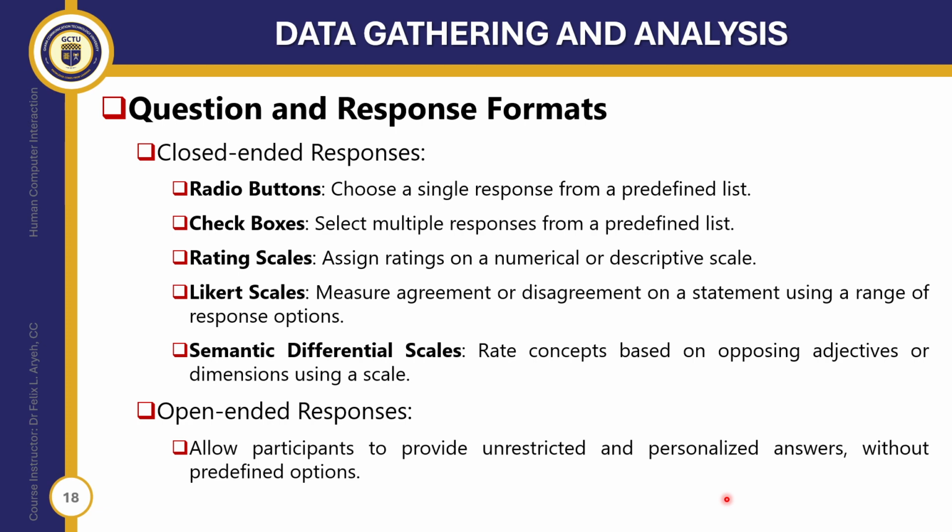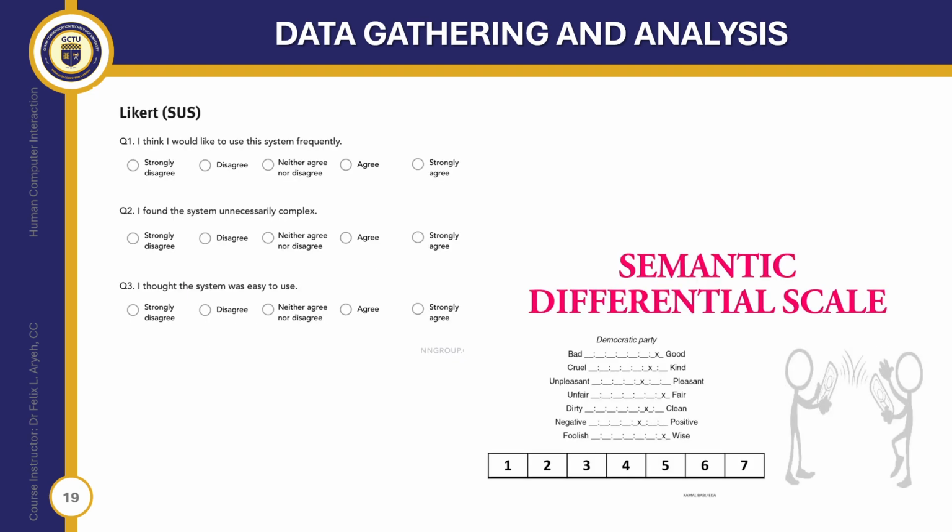Most of the time, this is ideal for gathering detailed qualitative information. I gave a little explanation of that in the previous slides. These are how the Likert scale and also the semantic differential scale look like. I've spoken about this one as well.